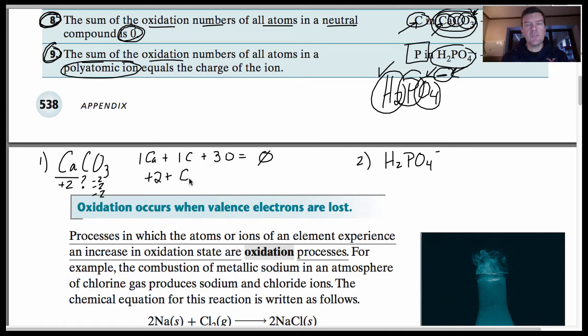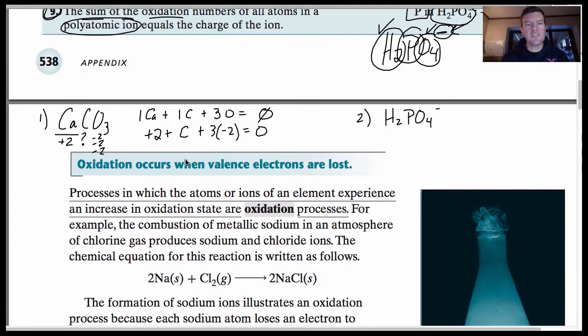My carbon I don't know, and my 3 oxygens each are -2. And all I'm going to do is solve for carbon here. So a little algebra. I've got 2 and -6. So carbon, this 2 plus the -6 gives me -4. I'm going to add 4 to both sides. So this carbon has to be a +4.